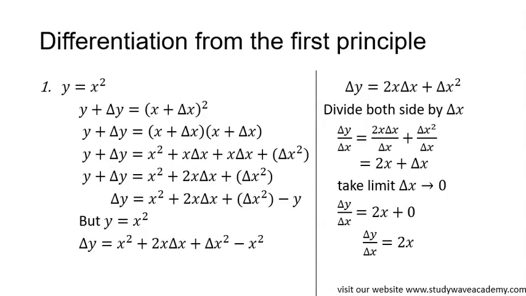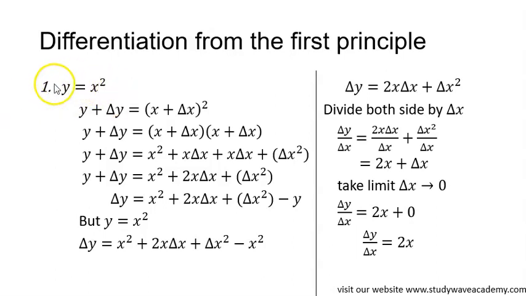So in today's lesson, we're going to be looking at differentiation from the first principle. This is a method of finding derivatives using the limit definition of a derivative. The differentiation from the first principles involves using the limit definition of the derivative, okay?